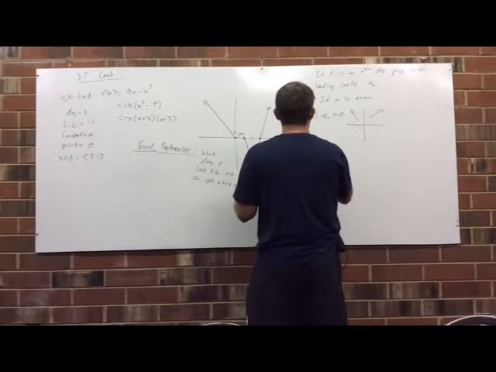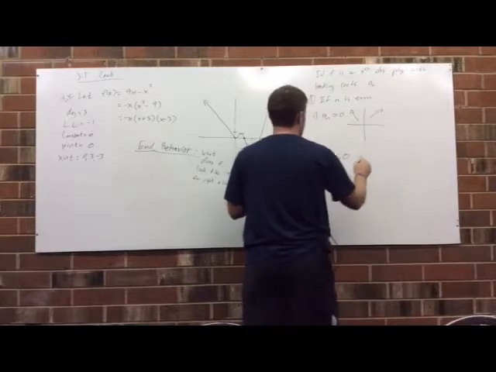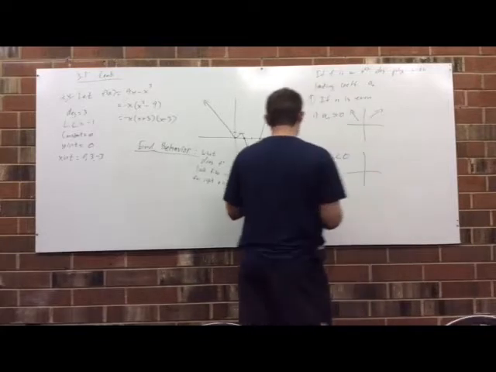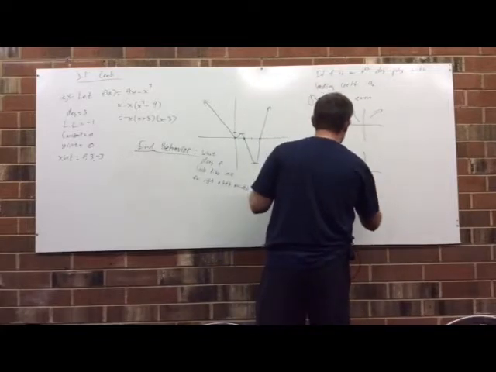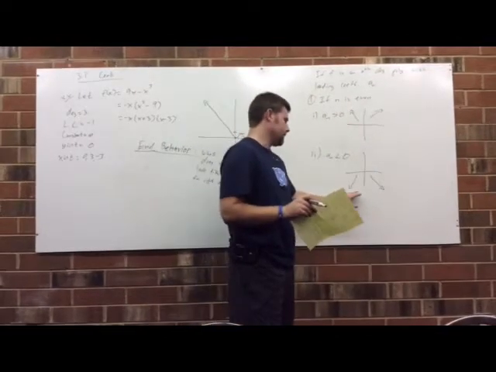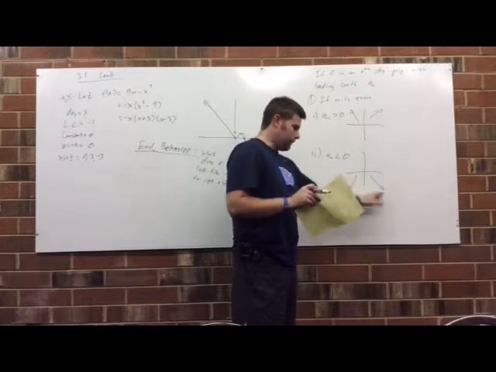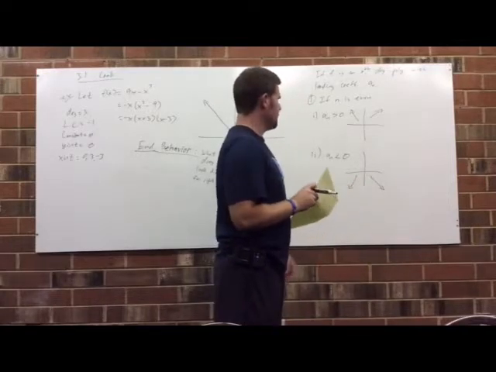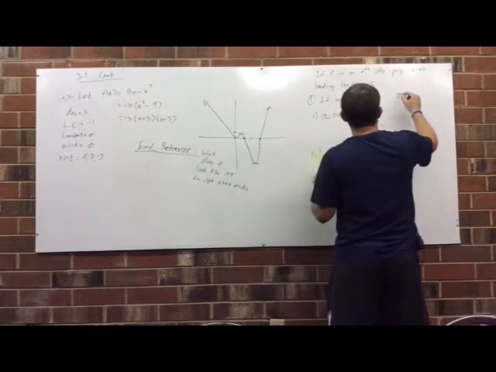All right? If n is even and a sub n is less than 0, then the end behavior of the graph is going to look something like this. So it'll finish in the third and fourth quadrants. All right? What about if n is odd?